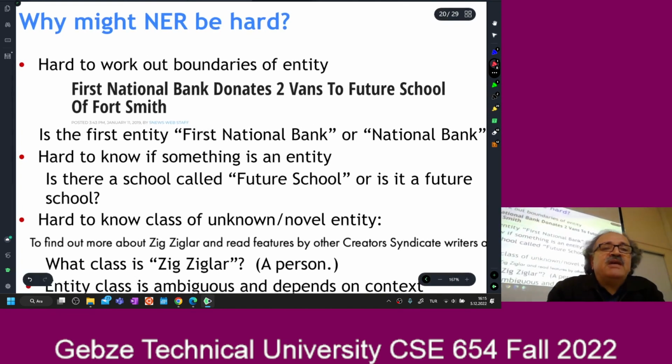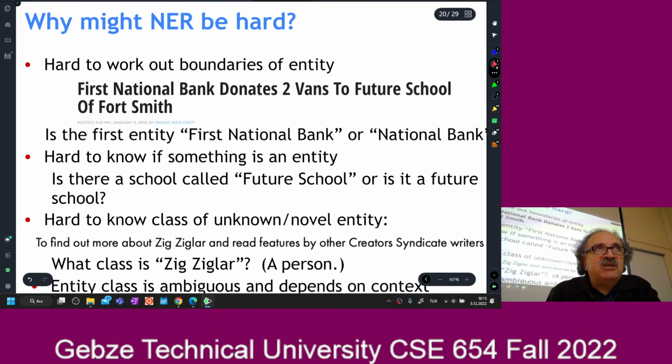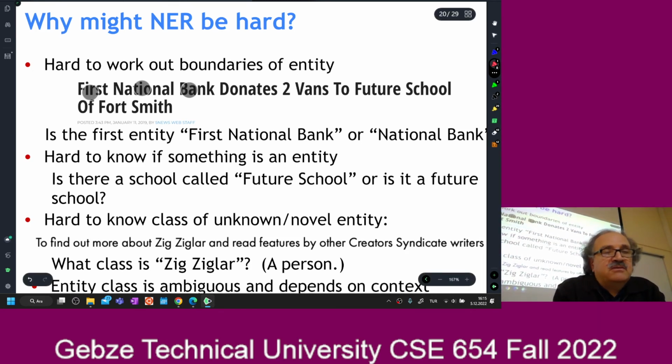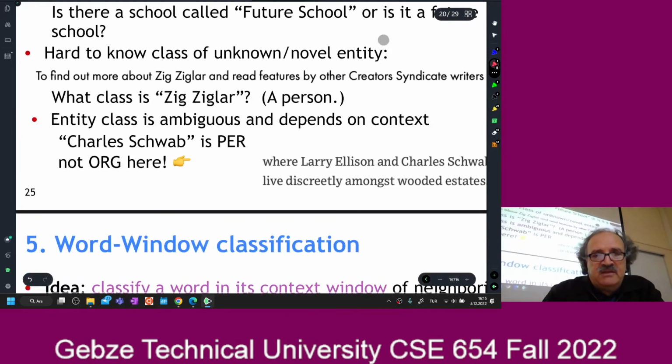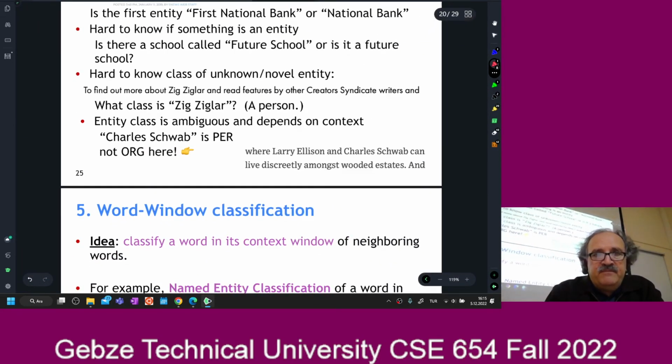Let's look at this one. For example, First National Bank is the name of a commercial bank, right? So First National Bank is the organization. You should know that. Future School of Fort Smith, maybe this is a place too, right? You know what Charles Schwab is? It's a financial institution.